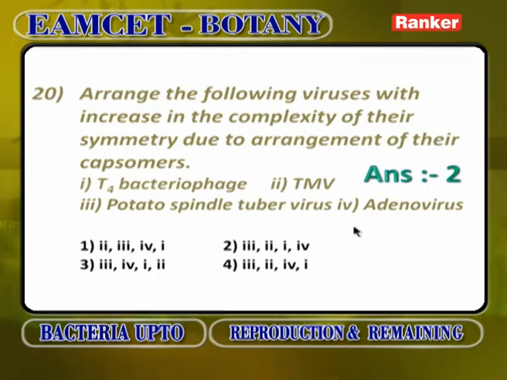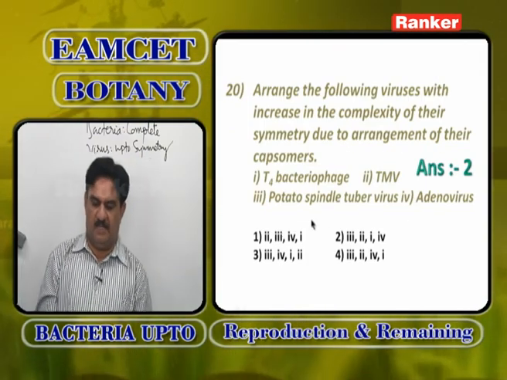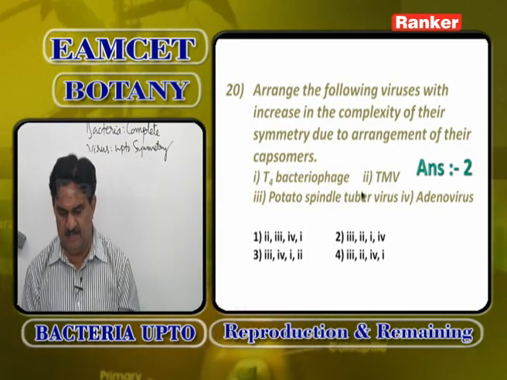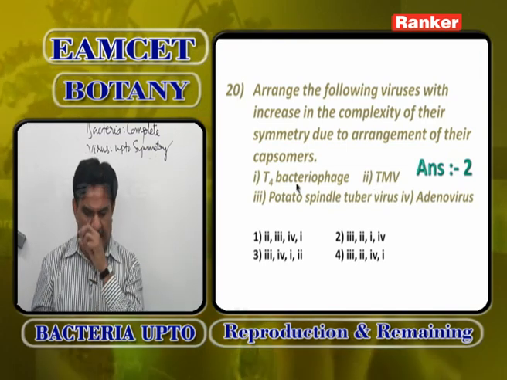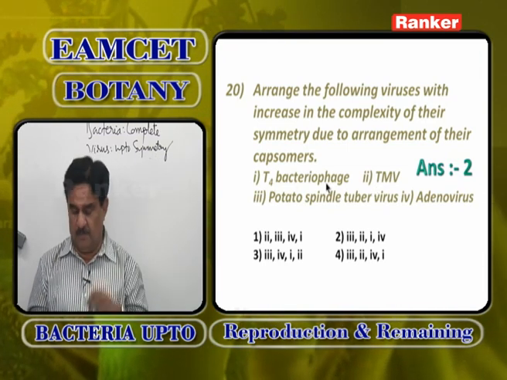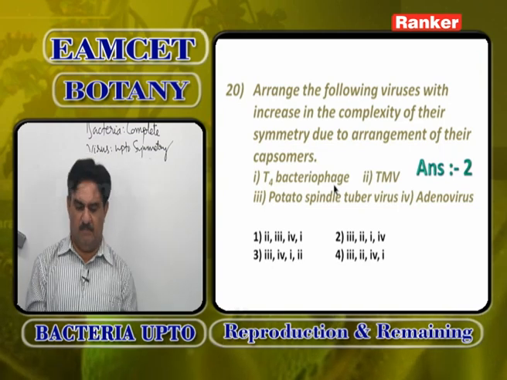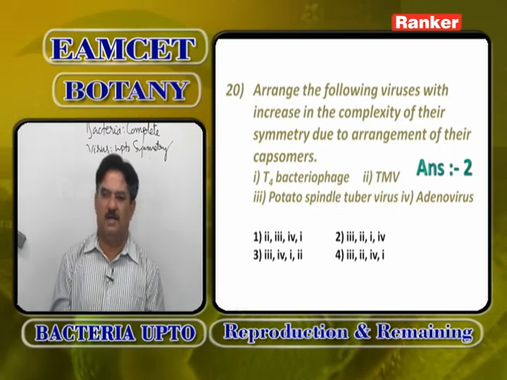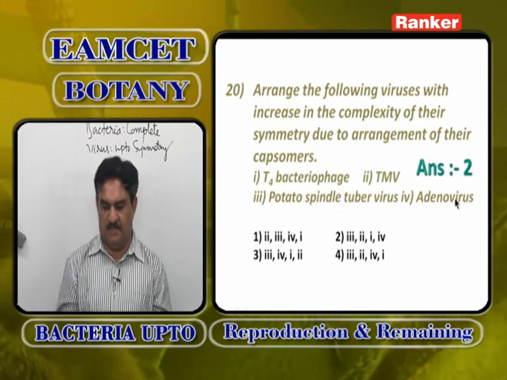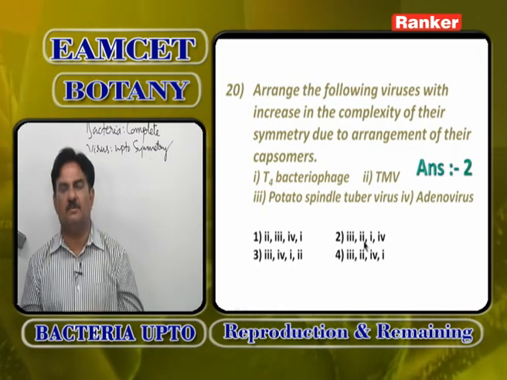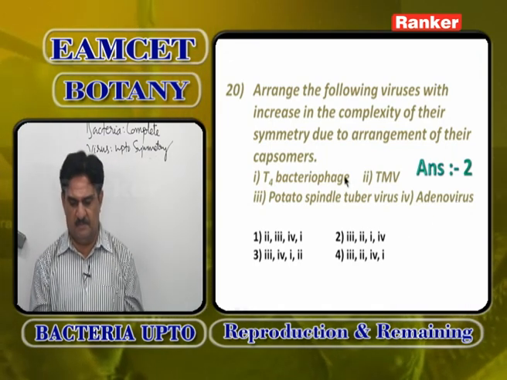Then 2, tobacco mosaic virus, where 2130 capsomeres are present. Then 1, T2 bacteriophage has binary symmetry. Then adenovirus has many capsomeres. So, 3, 2, 1, 4, second option.